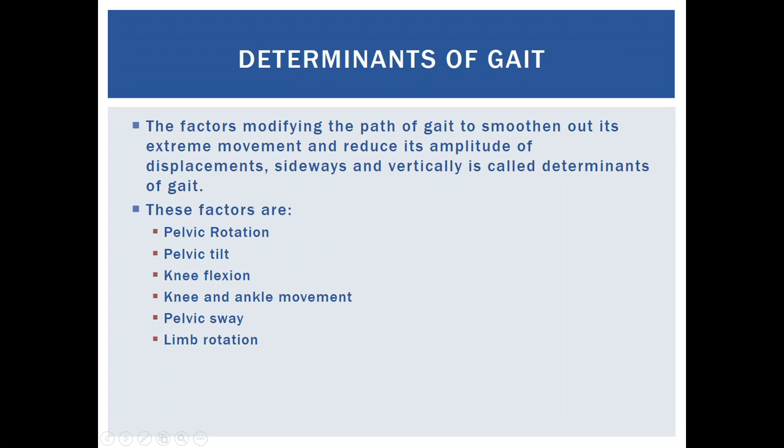The second one is pelvic tilt. While you have planted your foot firmly on the ground in order to balance, that side of the pelvis slightly tilts down to support the foot that is planted firmly, while the other leg is lifted up in the swing phase.